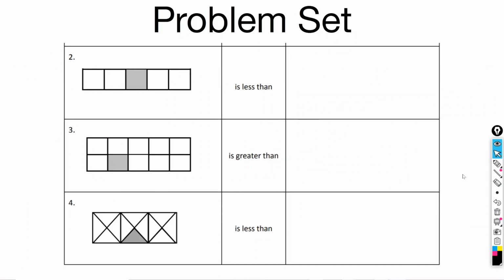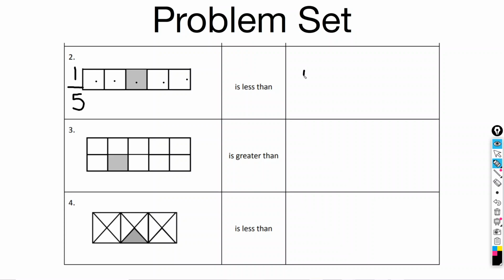Moving on to number 2. First, we need to label our fraction that is shaded. We have one piece shaded out of 5 pieces altogether. So 1/5 is less than.